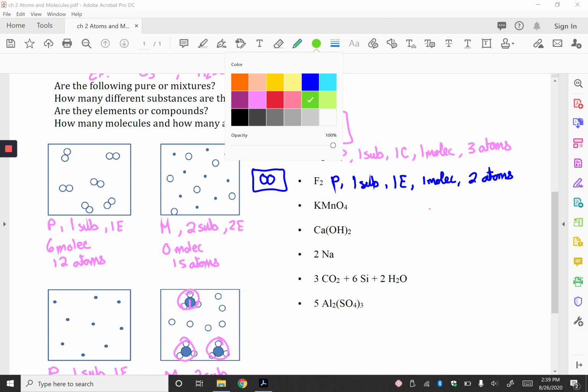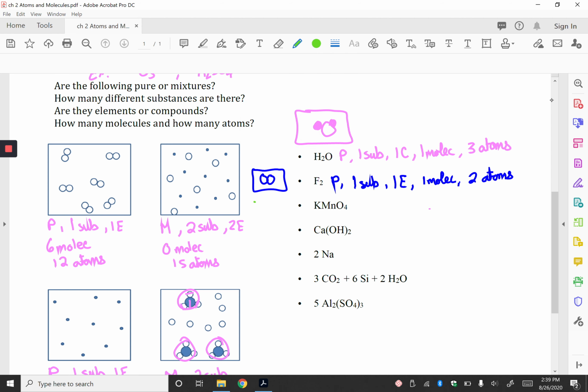KMnO4. So if I wanted to draw a particle diagram of my KMnO4, let's say there's my K, there's my Mn, that's the K, and then I'm going to do 1, 2, 3, 4, that's my O4. So it's a pure substance, which means it's one substance.